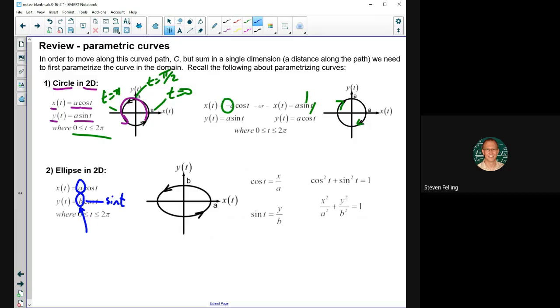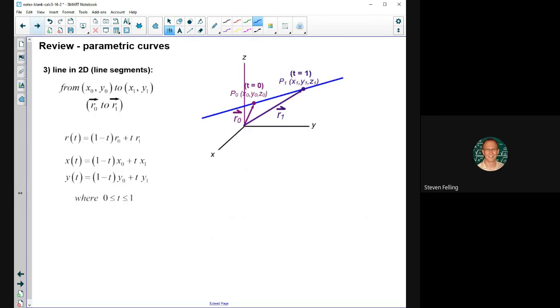All right, so we can parameterize a circle. We can parameterize an ellipse if we have a curved path in the domain. If we have lines or line segments, first let's talk about a line. If you're parameterizing a line, then the general form is that we're going to use the curve r as a function of the parameter. It's just going to be the position vector, and that is some initial point.